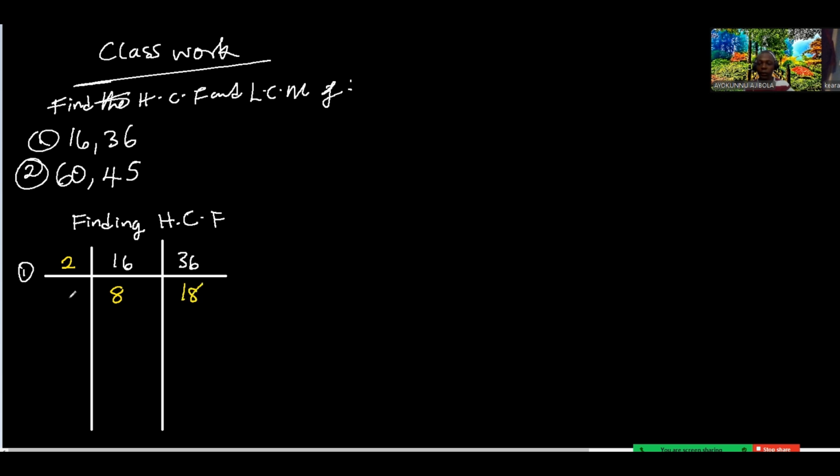Then 2 can still divide them. So 2 divides 8 gives me 4, and 2 divides 18 gives me 9. So since nothing is common again, these 2 cannot divide them. No number is common to the two of them. Then I stop there for HCF. So the HCF is now 2 times 2, which is 4.